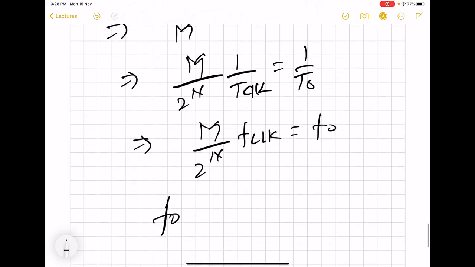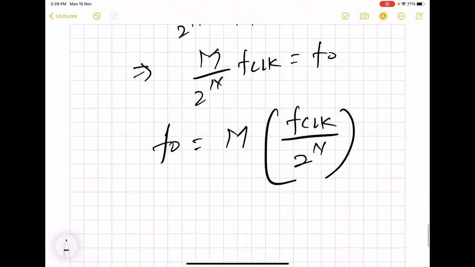So here we see that output is now going to be m times f clock by 2 raised power n. So we have kept the clock frequency constant. We have kept the number of bits that we are using to store the angle information. But now by introducing this additional parameter m, we will be able to change the output frequency.